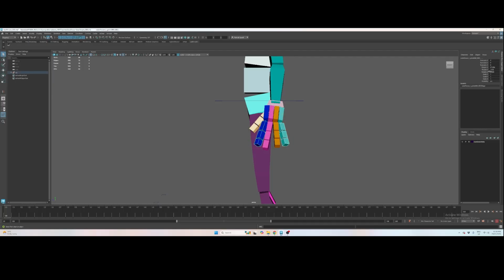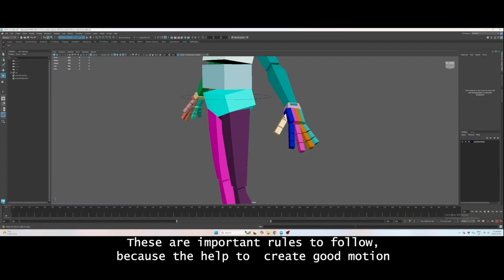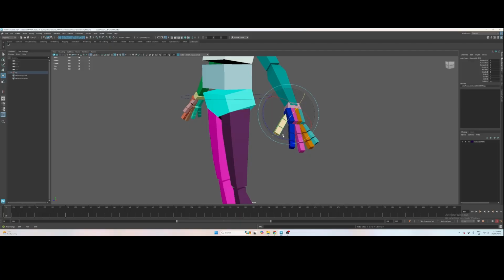We'll go into that when we start doing some hand posing later. But on these 2 finger joints, only 1 axis of rotation. So let's say rotate Z, for all of the rest of these. And that is the same for the thumb. So 3 axes of rotation and then only 1 axis of rotation here.